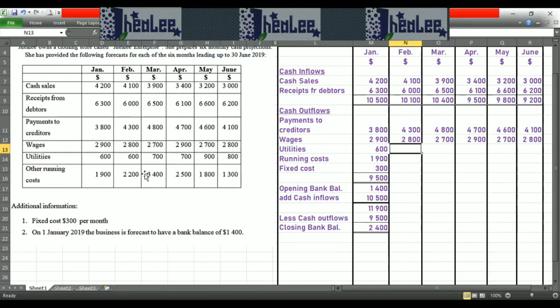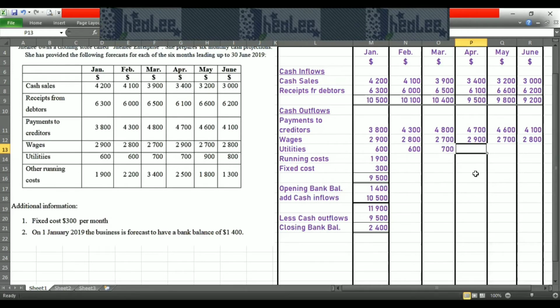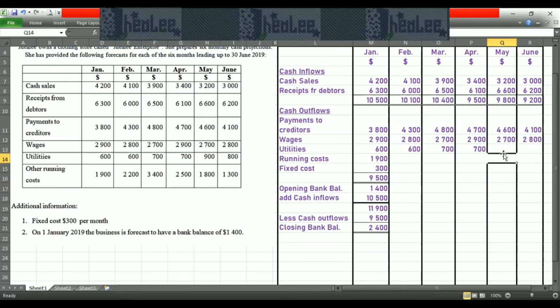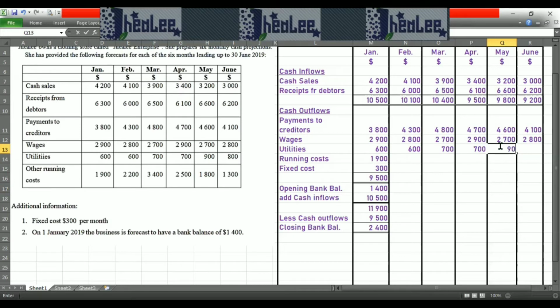Utilities for the period from February down to June, we're going to record those now. And that is 600 for February, 700 for March. We see April, the same value as March, that is 700. For May, they're projecting that utilities would be 900. And for June, that is 800 as projection.